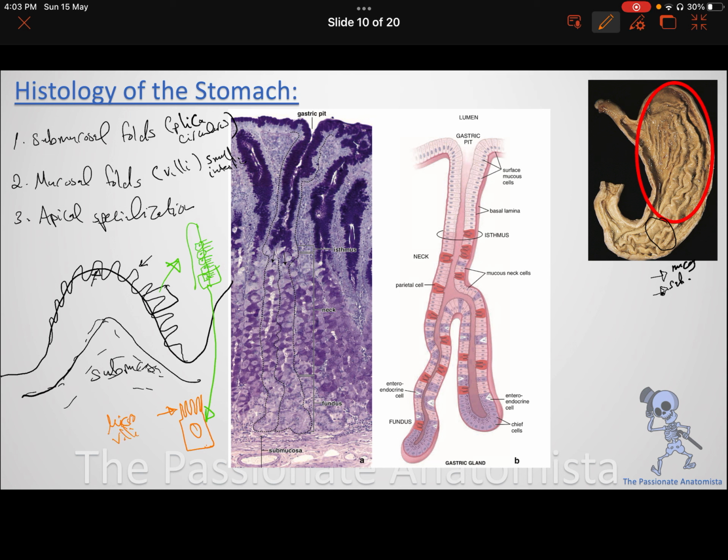This is another folding of the tract, and this is the apical specialization. It's a special thing that happens on the apical surface of my columnar cell, and this is also to increase the surface area, improve absorption, and expose my cells more into the lumen, to make use of what I'm having in the lumen for digestion and absorption.